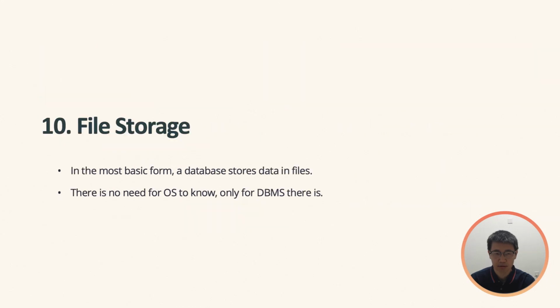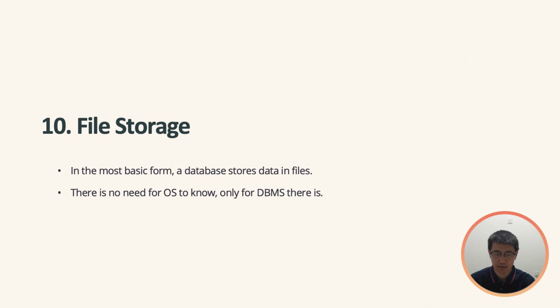When it comes to file storage, at the most basic level, databases store data as files. The operating system doesn't need to understand what these files are for, whether they store configurations, metadata, indexes, table structures, or anything else.